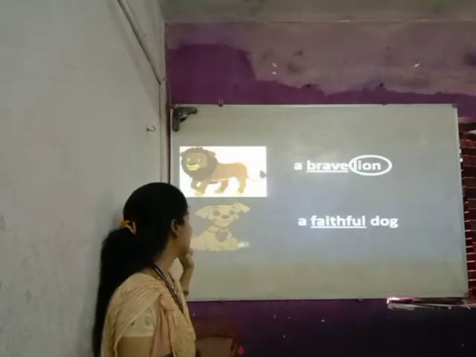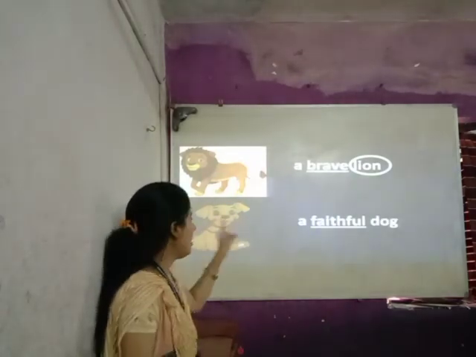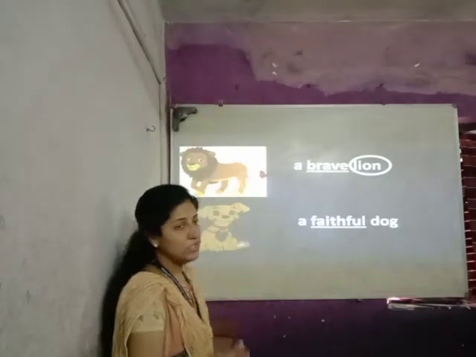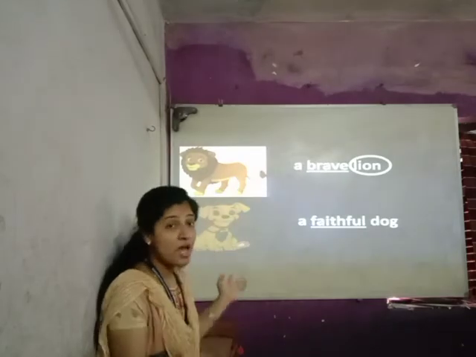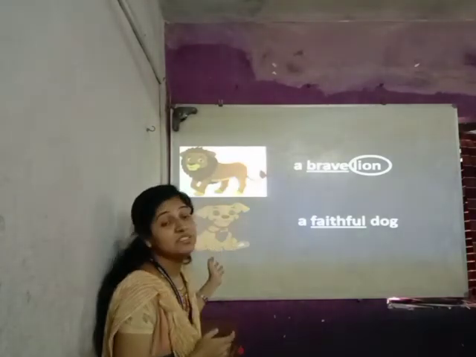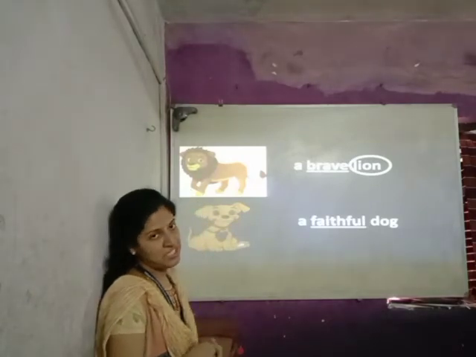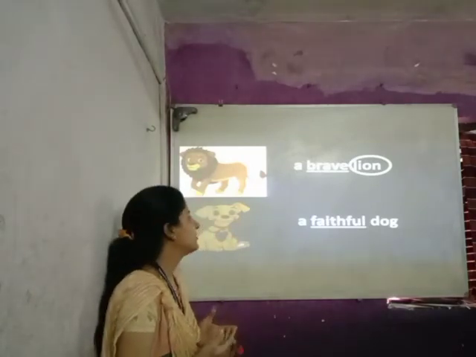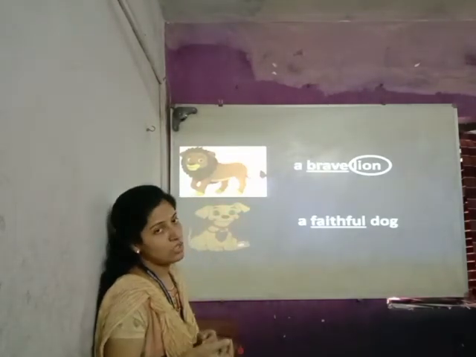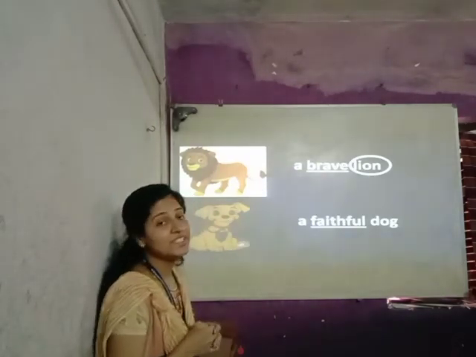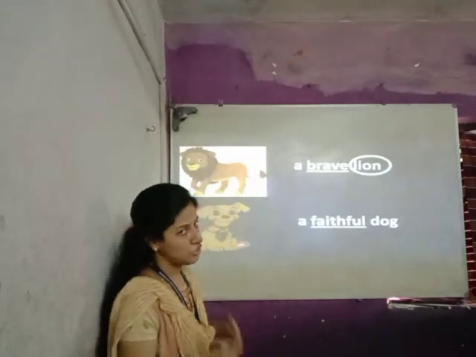Now, see the next. In this picture, you will see a dog. A faithful dog. Here, the word faithful describes more about this animal. It describes more about the dog. How is he? He is faithful. So, the word faithful describes dog. So, faithful is a describing word because it describes more about dog.